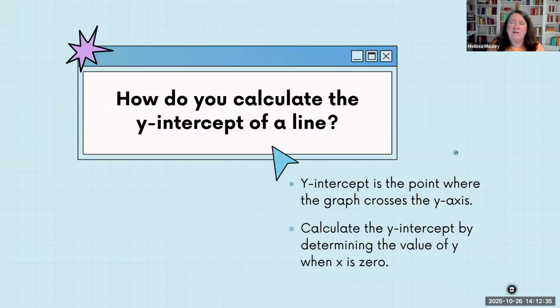Now, the other thing that we need to write an equation of a line was the y-intercept. So how do we do that? So we know that we can find the y-intercept because it is the point where the graph crosses the y-axis. Remember, we can calculate the y-intercept by determining the value of y when x is 0.